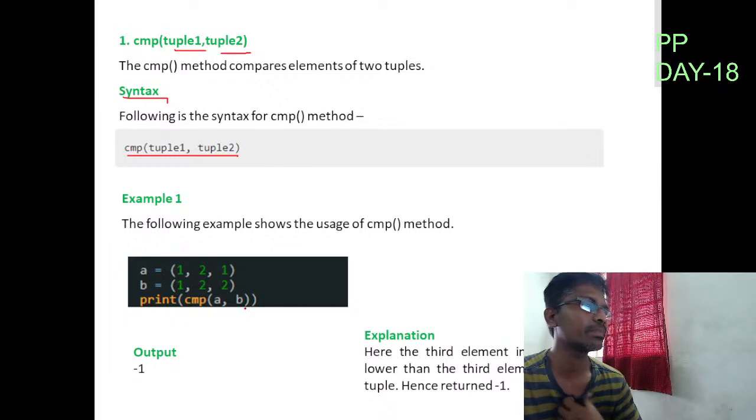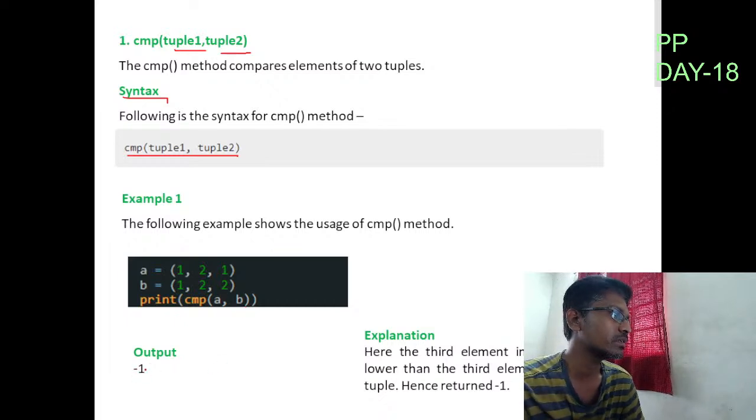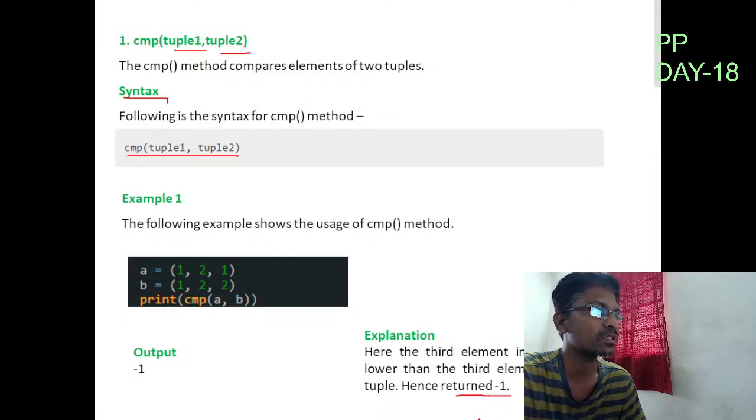So A comma B, it will print -1. When it prints -1, here the third element in the first tuple is lower than the third element in the second tuple. So hence it will return -1. That means the condition is false. Why?